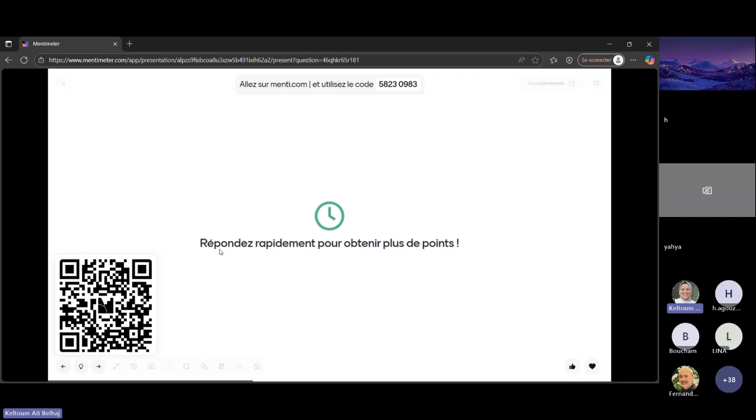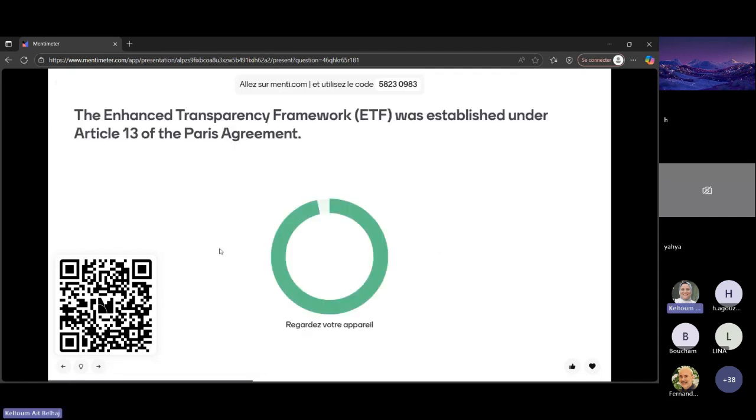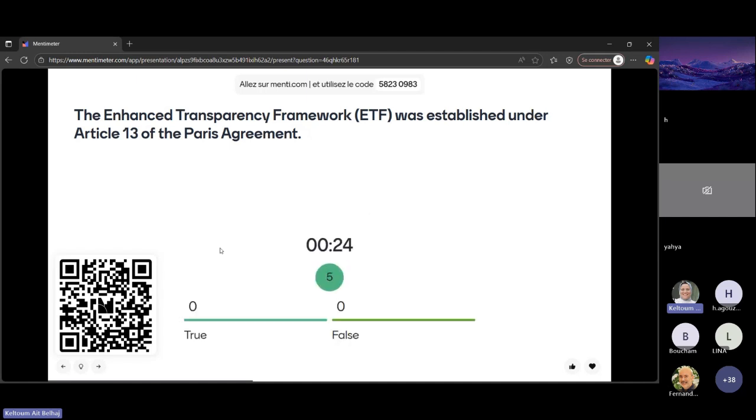20 players. We've lost one. The Enhanced Transparency Framework was established under Article 13 of the Paris Agreement. Is that true or false?